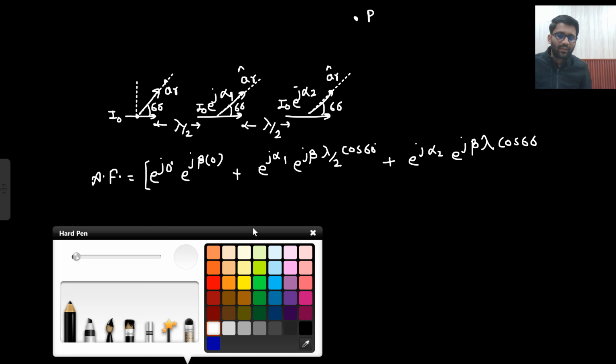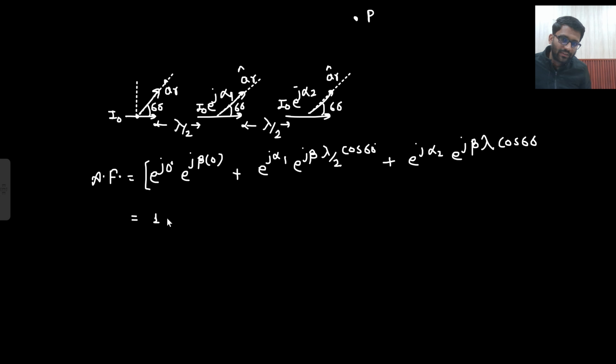Say yes or no? If you solve it, what are you getting? Array factor is 1 plus e to the power j alpha 1 plus, cos 60 is 1 by 2, that you already know. And what is beta lambda? Beta into lambda is 2 pi. And cos 60 is 1 by 2.